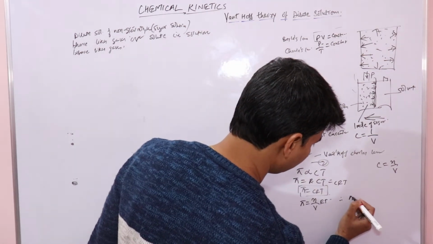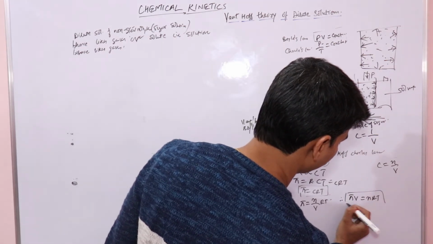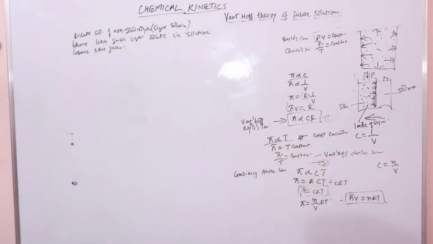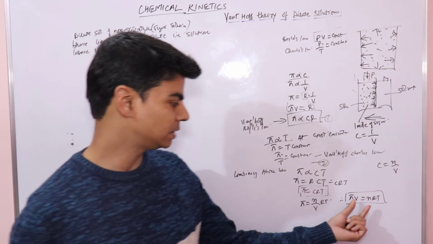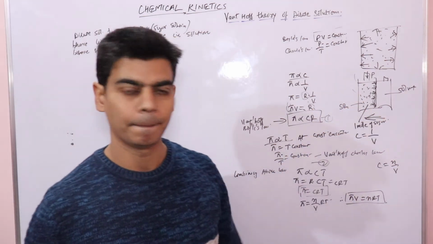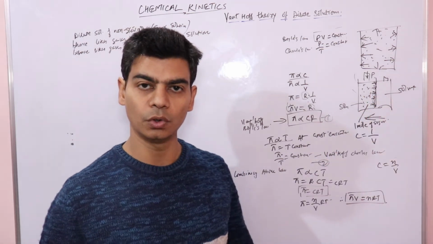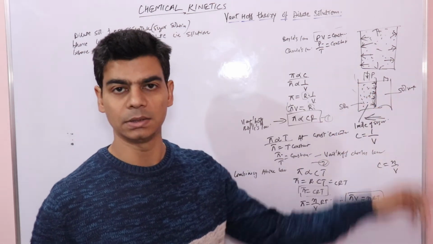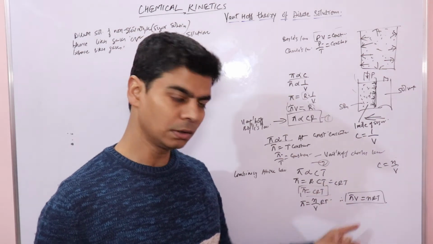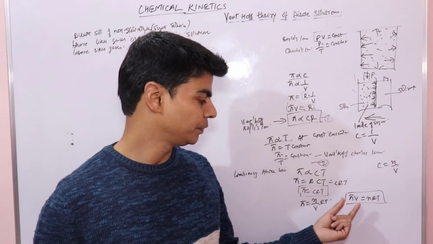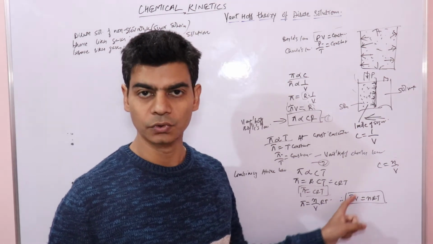Therefore pi V is equal to nRT. n is the number of solute molecules here. So osmotic pressure, again we see, is directly proportional to the number of solute particles, and osmotic pressure we know is a colligative property. So a colligative property is directly proportional to n, which is the number of solute particles.